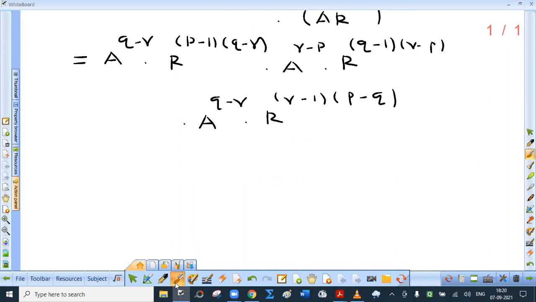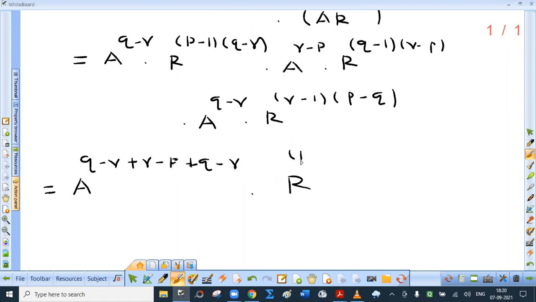Laws of indices. So A raised to, add indices, Q minus R plus R minus P plus Q minus R. This is what? Index of A.